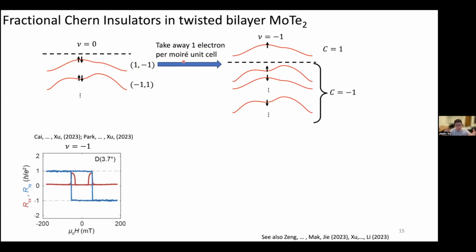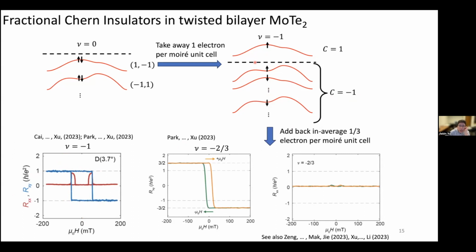Then, since we have Coulomb interaction, it will open a correlated gap. As a result, at nu equals -1, which means we take away one electron per Moiré unit cell, we have an empty, nearly flat Chern band with Chern number 1, and all occupied bands have Chern number -1. It is a Chern insulator, CI. Indeed, experimentally they found a CI, with a clear Hall plateau at an integer value with zero magnetic field.